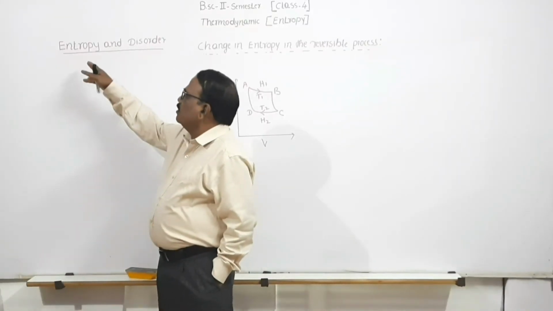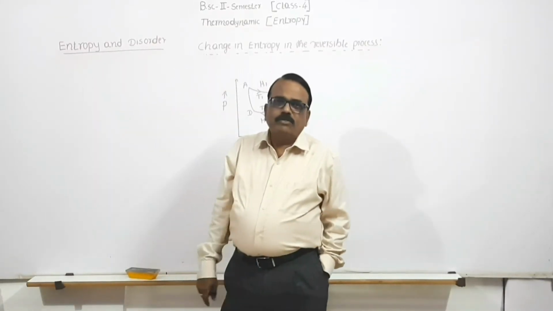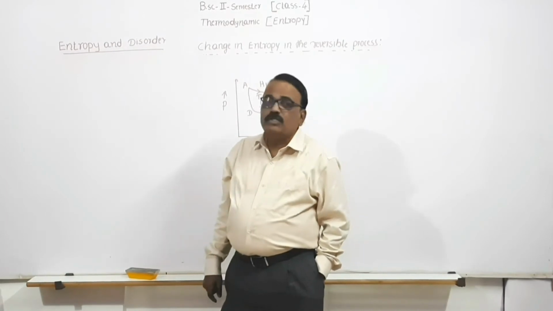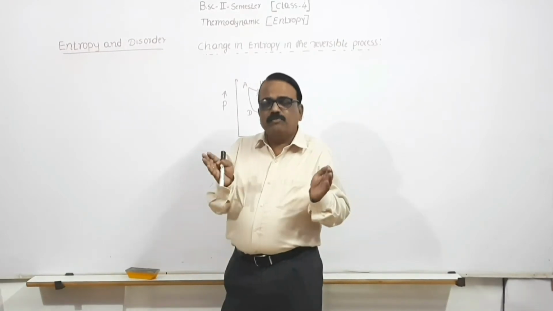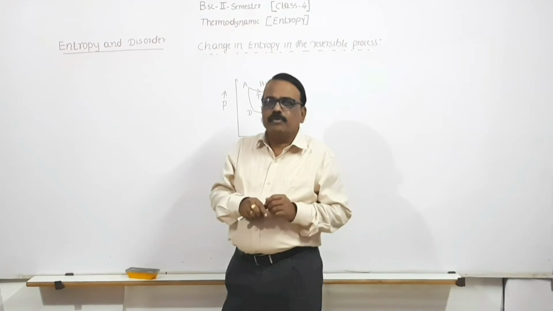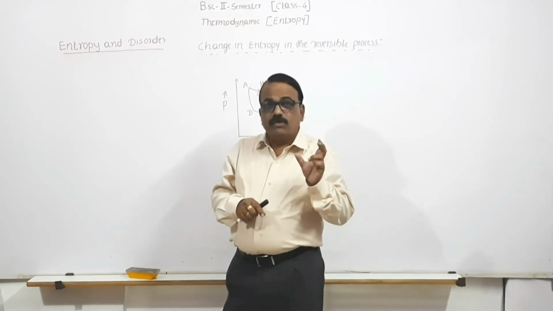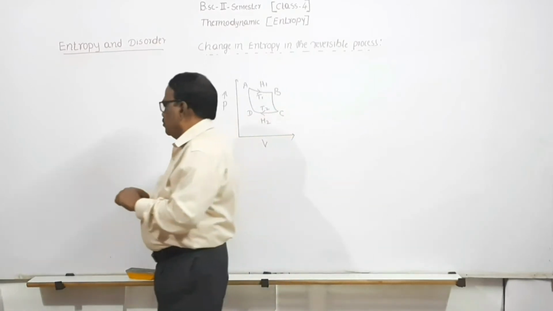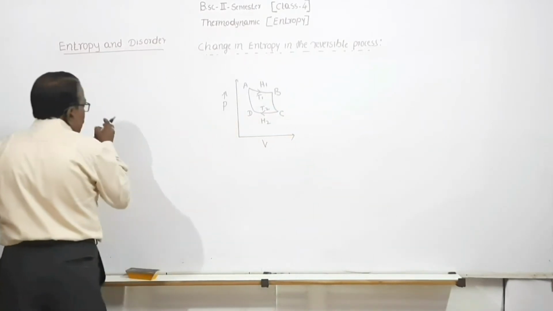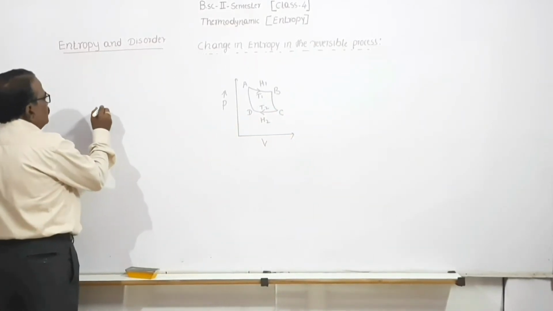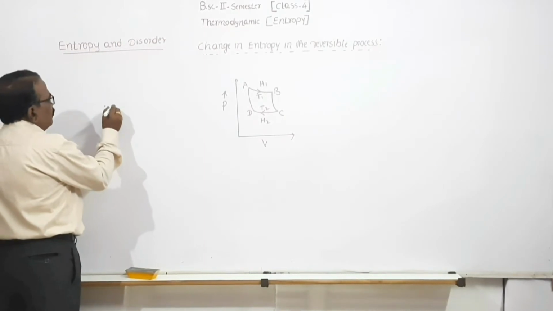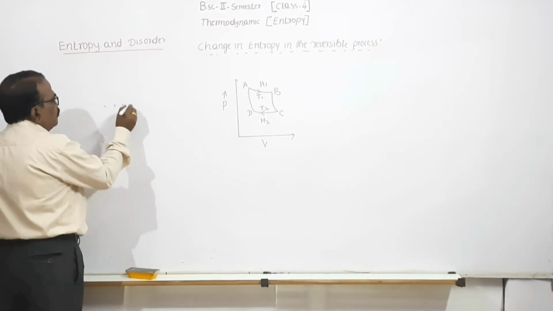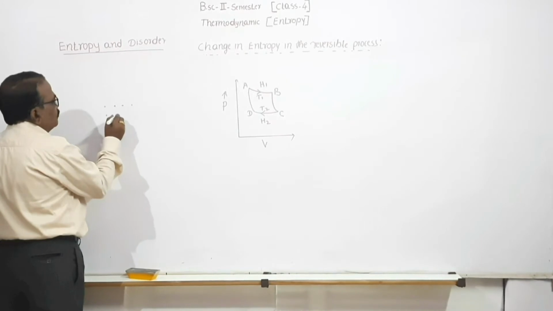Next you have to study entropy and disorder, the relation between disorder and entropy. What is order and disorder of a system? You know that at 0 degree centigrade there is no motion of the molecules.